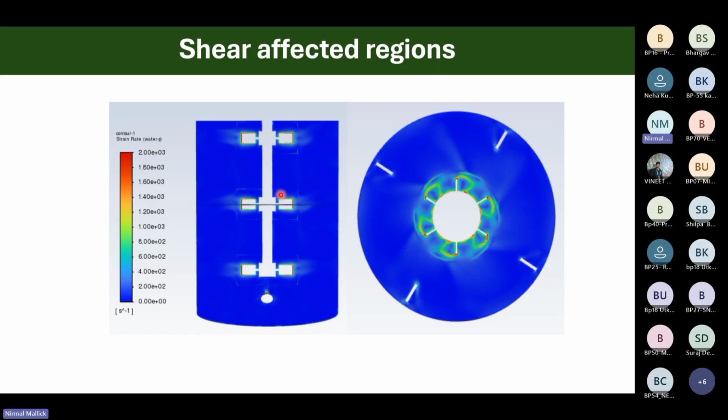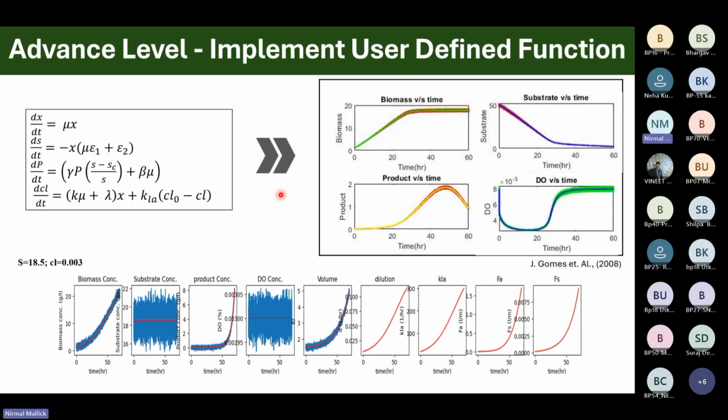So next is the advanced level. These are the basic Monod equations, the differential equations when you grow some cells inside a bioreactor. These are the basic equations that we follow, the Monod, Michaelis-Menten equation. We all know about these equations, and we have derived them in multiple steps.